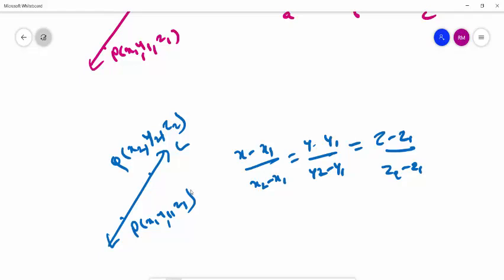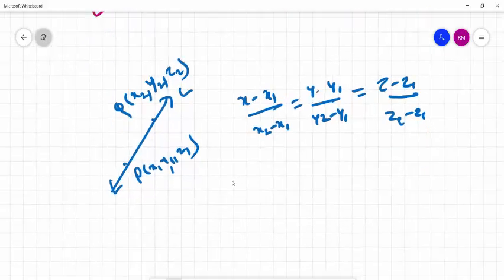We know the concept about projection. Suppose this is the AC line and this is the AB line.